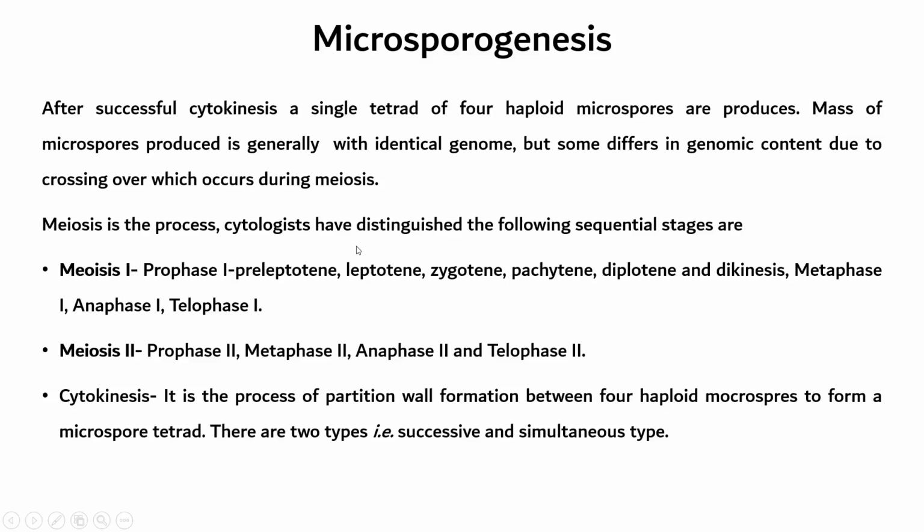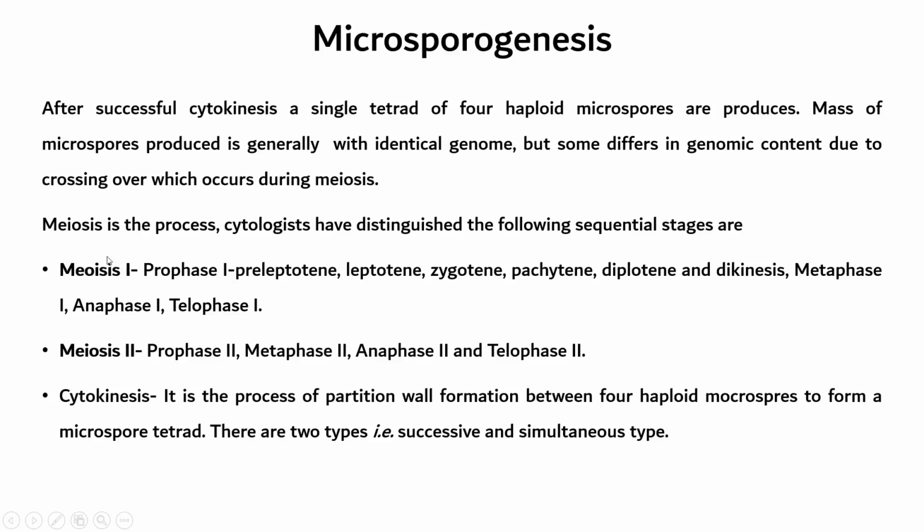Meiosis is the process. Cytologists have distinguished the following sequential stages. For the formation of pollen grains, meiosis first and meiosis second are carried out.